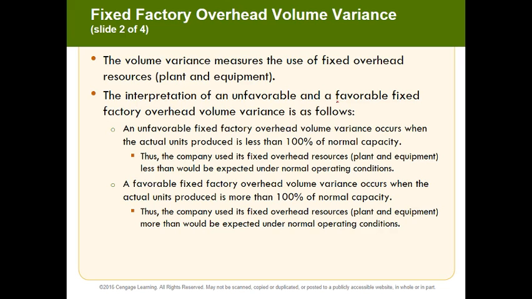So the company used its fixed overhead resources, its plant, its equipment, less than would be expected under normal operating conditions. Favorable occurs when the actual units produced is over 100% of the normal capacity. So therefore they were more efficient. They were able to produce more than would be expected under normal operating conditions using the exact same overhead resources.